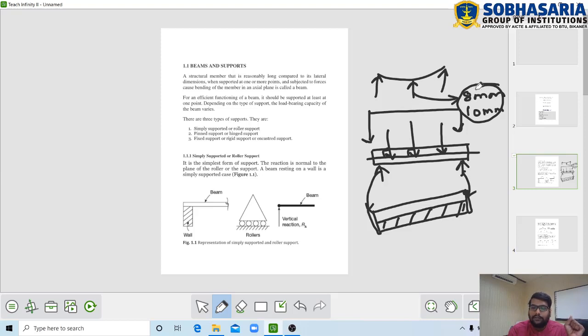For that, first we have to know what are the forces which the beam will carry, like if there is a brick wall on top of it, or a point load or machinery or some object kept on some corner of a beam, like maybe some heavy object is kept here.